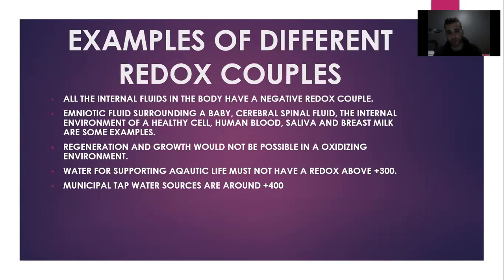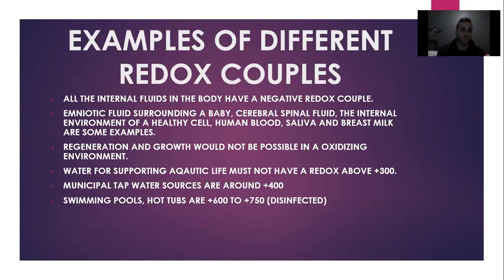Municipal tap water sources are around 400. Swimming pools, hot tubs, are 600 to 750. So disinfected water. This is another way you can explain to people where ORP is used in the world.